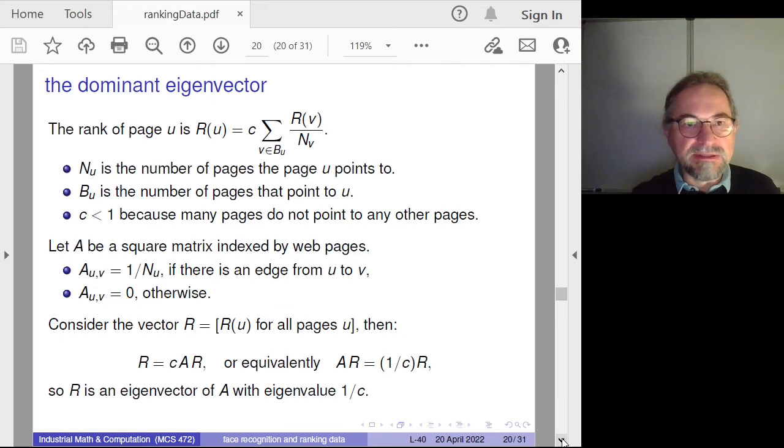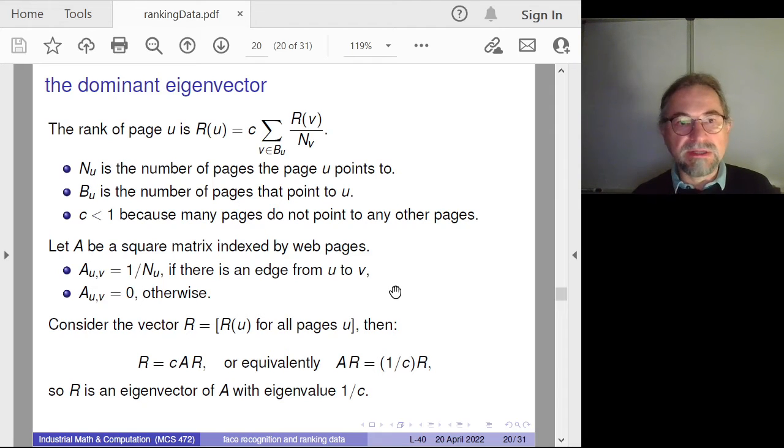I listed here in the definition the main actors, but based on this we can define a square matrix that is essentially the adjacency matrix of the network. We have a zero element if there is no link between two pages.